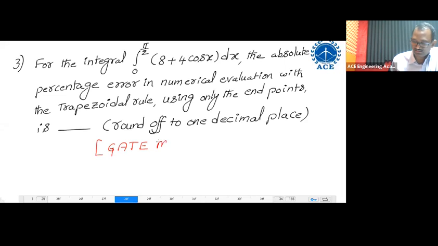Given in GATE 2020 Mechanical Engineering.